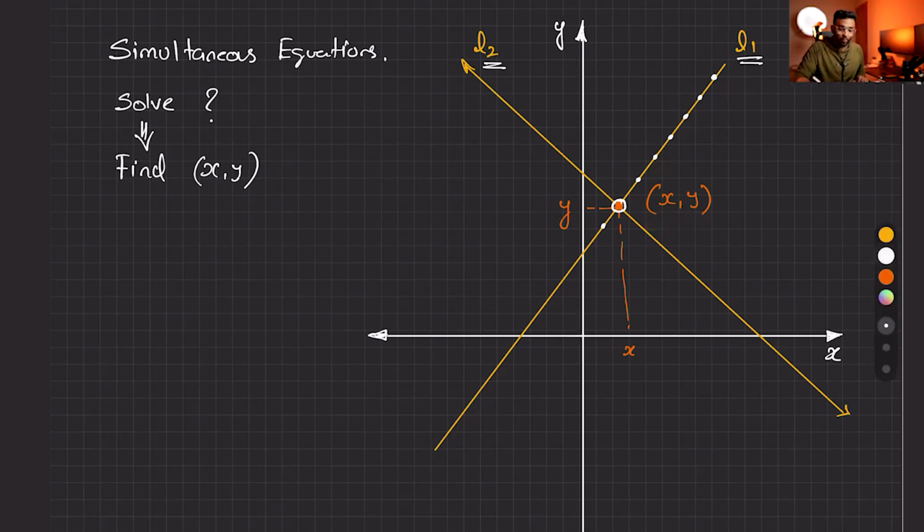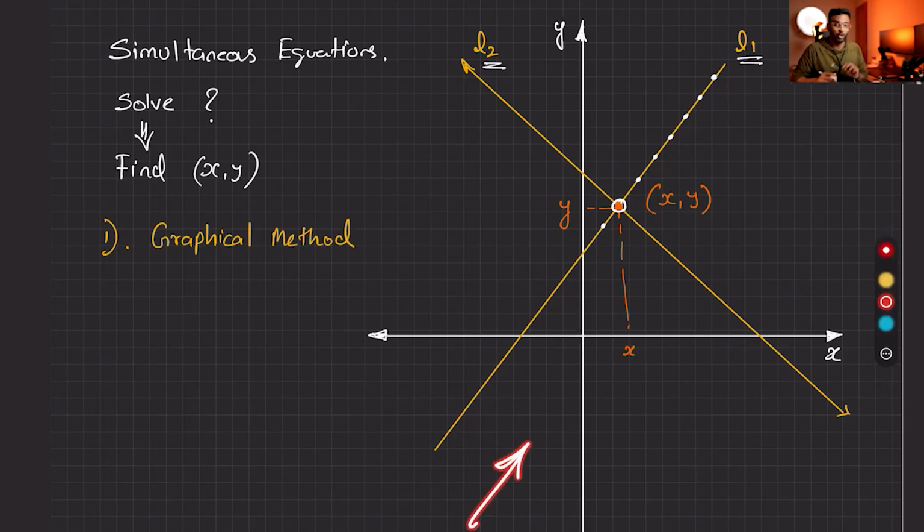Simple. Now we have three methods to do it. Number one is the graphical method. It's super easy. Just like how you see over here, you draw the graph and find out from the graph where they are going to meet each other. That's the graphical method. You always need graph paper to draw on and find out where the lines meet.